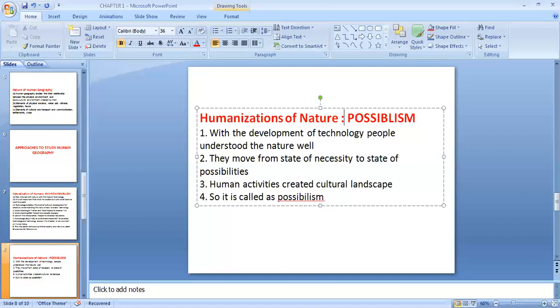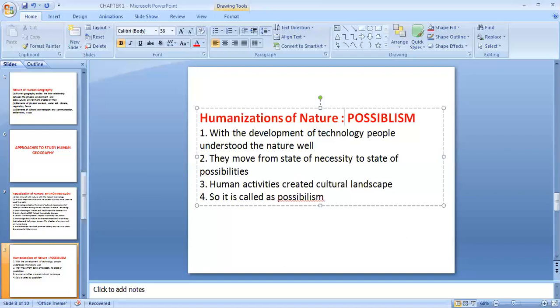They were crying for the necessities. Now we got our necessities. Now we're trying to get the possibilities. Whatever possible things are there, we are trying to get it.